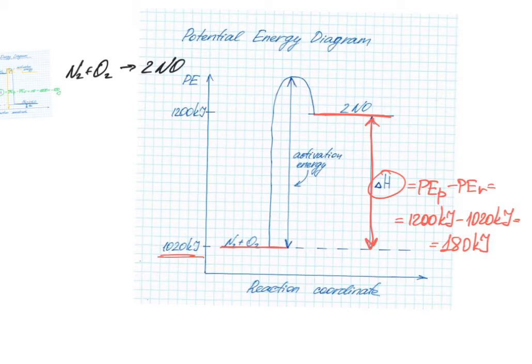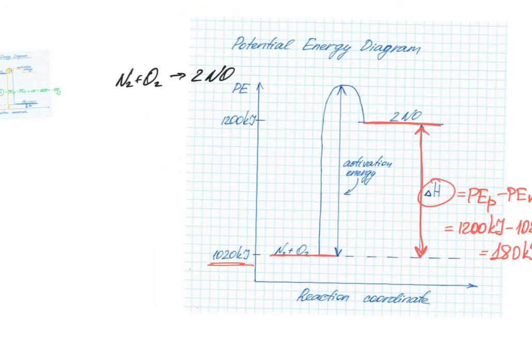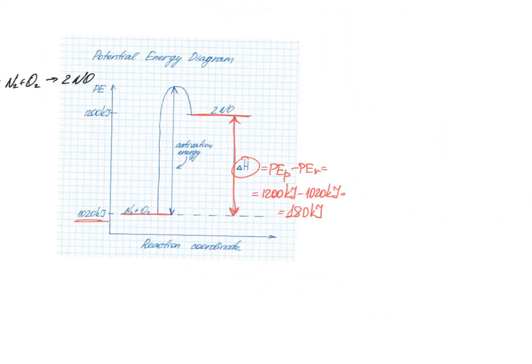This is a clearly endothermic reaction, the reaction that apart from having nitrogen and oxygen also absorbs some heat. So to once again identify what is what, here is my A. A will represent potential energy of reactants.